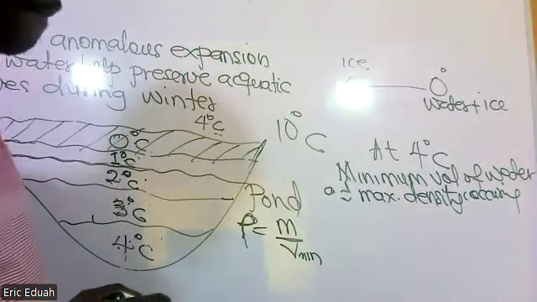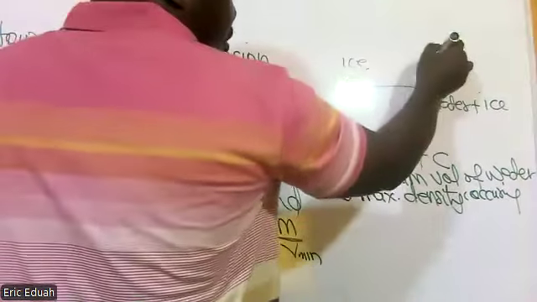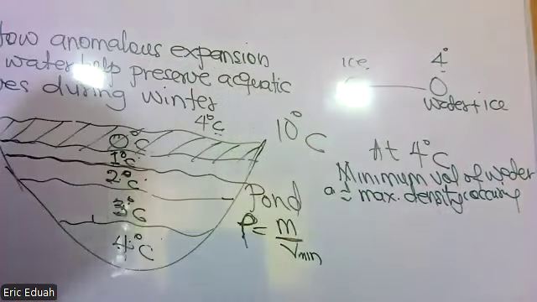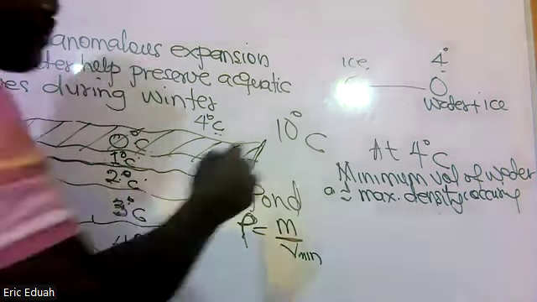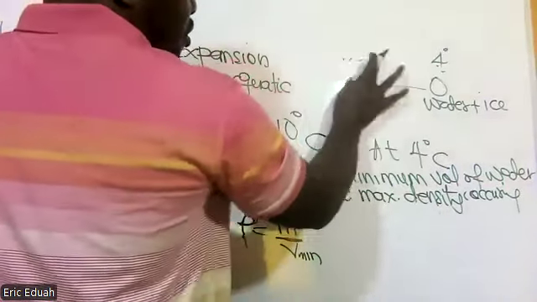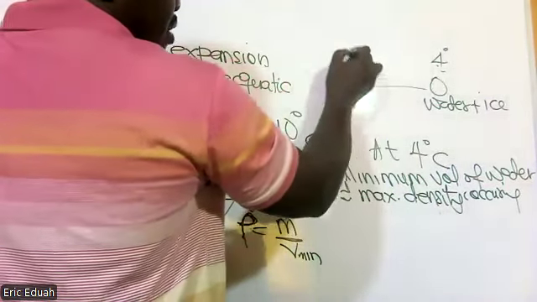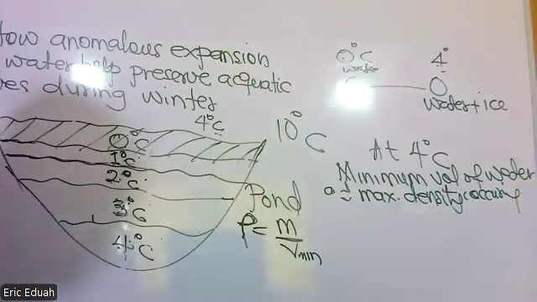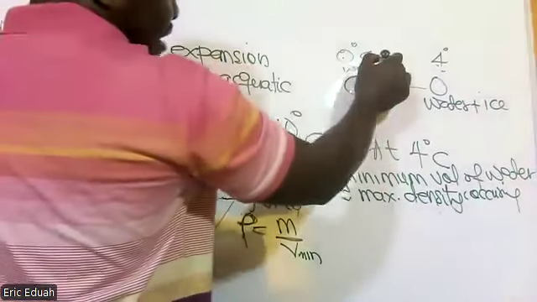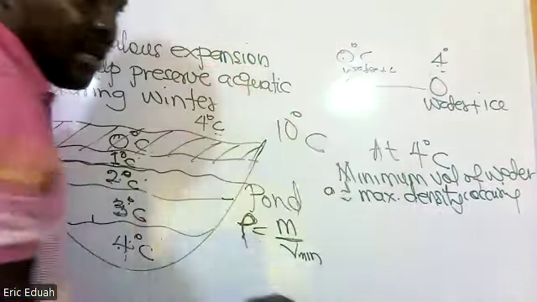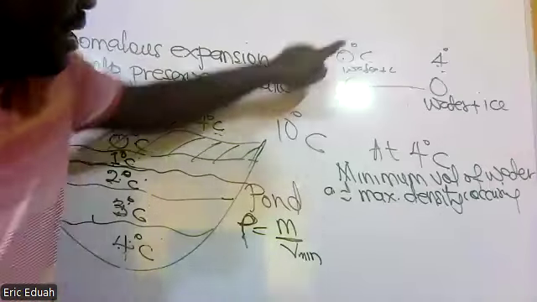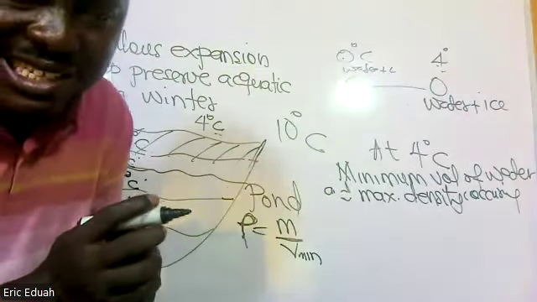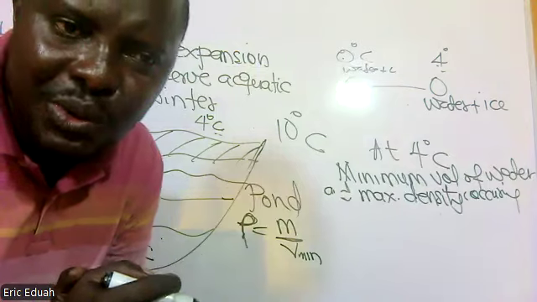Okay. Let me pick it from 4 degrees. At 4, water is expanding instead of contracting. So from 4 to 0 degrees, change of state starts. At 0 degrees, we have ice plus water. Okay, this temperature 0 must be constant till all the water has turned to ice.